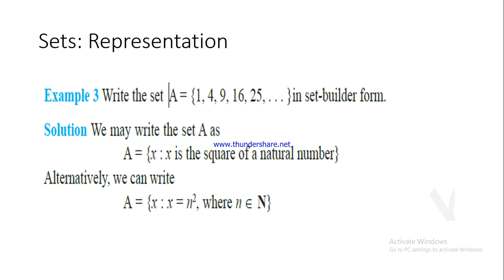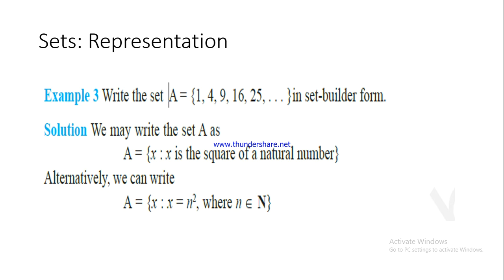Now you would see that this is the tabular form because here we have listed all the elements in the set 1, 4, 9, 16, 25, and dot dot dot means that this particular set continues till infinity. So 1, 4, 9, 16, 25, and they are all squares of the natural numbers. So square of 1 is 1, square of 2 is 4, square of 3 is 9, square of 4 is 16, and so on. So you can now guess that the next number would be 36 and 49 and then 64, 81, 100 and so on.